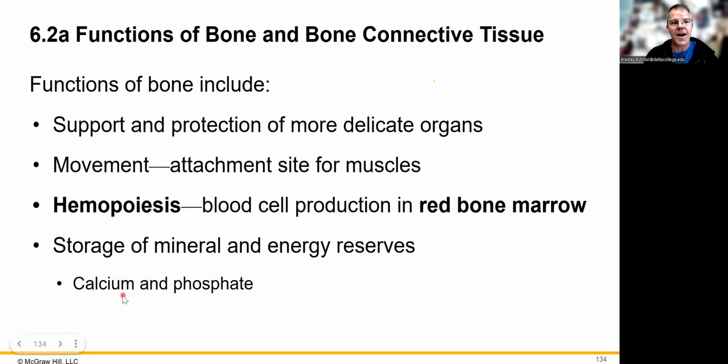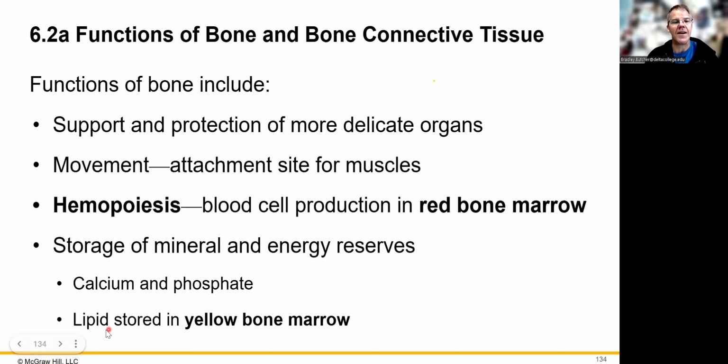They store calcium and phosphate. Calcium is necessary for muscle contraction. Phosphate is necessary for energy in the form of ATP, adenosine triphosphate. Both can be stored in the bone and used when the body is low on calcium or phosphate.